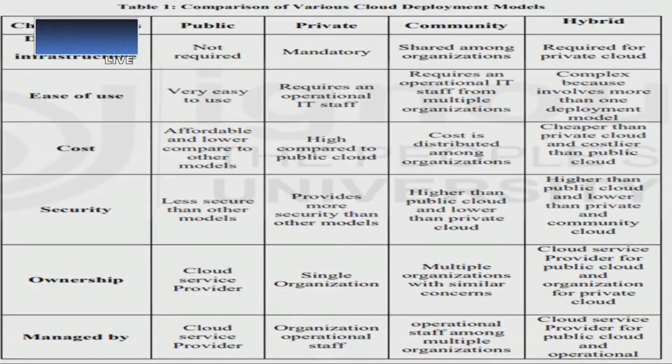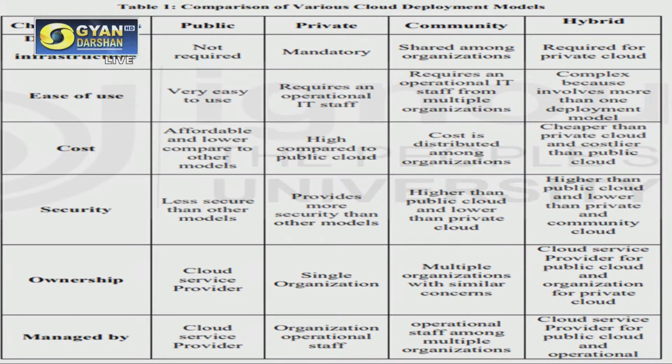Public clouds are quite easy to use. It is a flexible environment, a scalable environment, with no fund scarcity. You need not have skilled labor, as it is all the responsibility of the cloud service provider. So public clouds are easy to use.